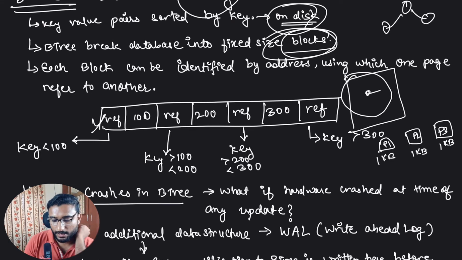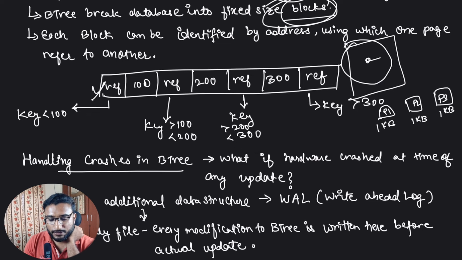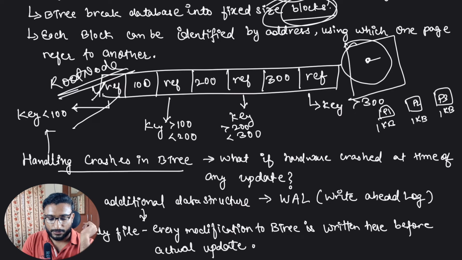Now how will you store the data in your B tree? Let's say you have all these keys: 100, 200 and 300. So this is how your B tree will look. This is your root node. Now all the keys which are less than 100 go in this direction. Okay, तो यहाँ पे all the keys which are less than 100 will go in here. समझे बात?